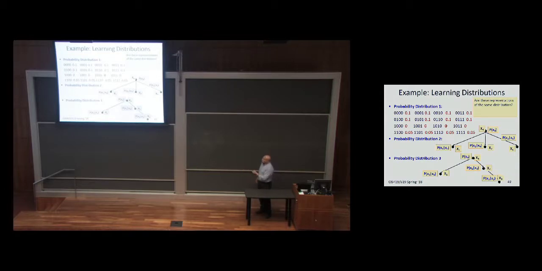Here is one representation, what I call here distribution 1, is a representation of a probability distribution. I can probably write the same probability distribution otherwise. So I'm asking you whether these 3 represent the same probability distribution. And I just want to make sure that we understand what it means that 2 things are the same probability distribution. Yeah?